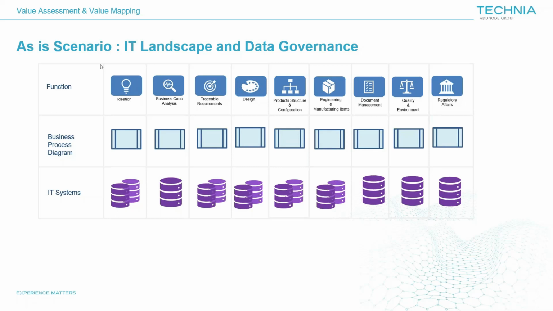But the main thing is to understand what is the system that is fulfilling your current processes for each function. When you do this exercise, you will probably discover that depending upon different products, different divisions, you have sometimes multiple systems, multiple solutions for the same kind of need.